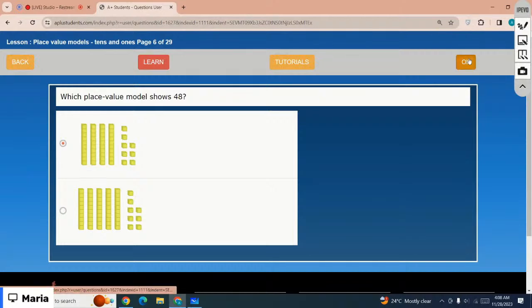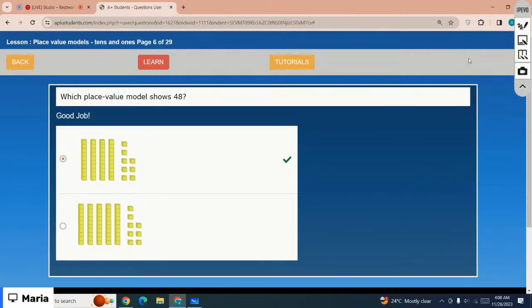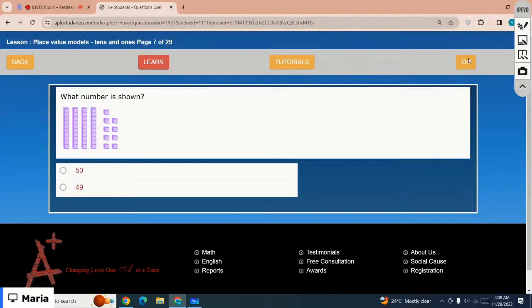So option 1 is the correct option. What number is shown? Yes, the correct option is 49.